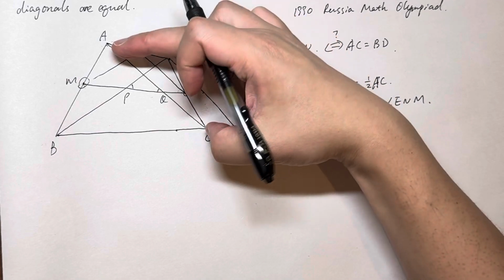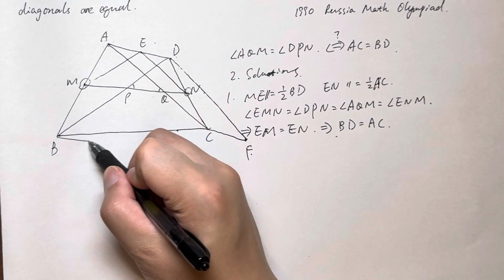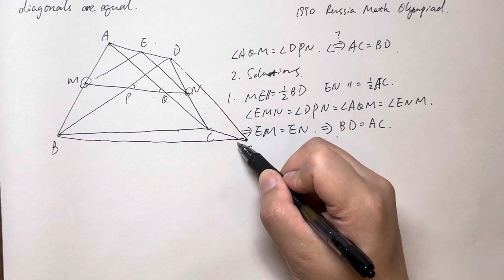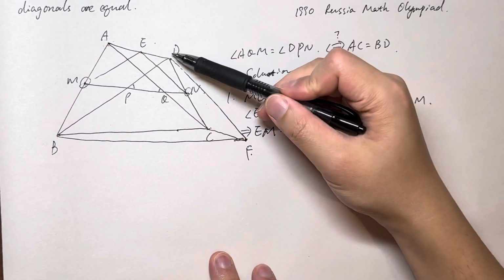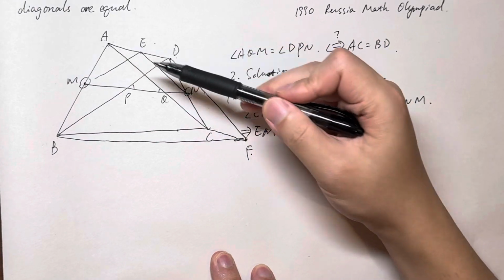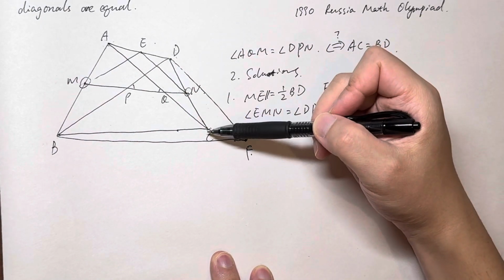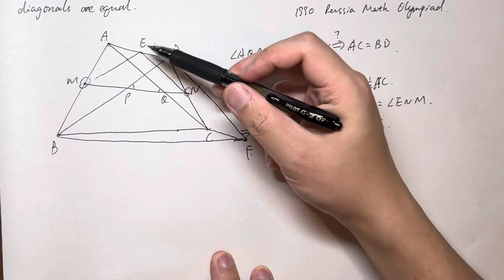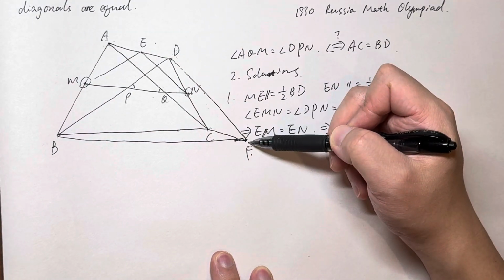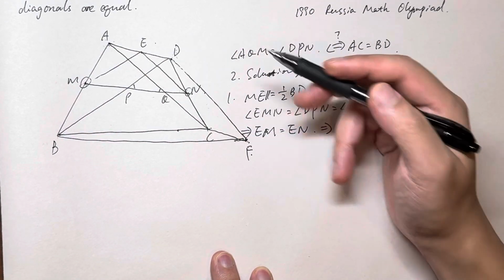Make DF equal to AC and connect CF, connect BF, right? That means DF is parallel to and equals AC, which makes ADFC a parallelogram, which means if we connect DC and AF, DC and AF bisect each other, right?